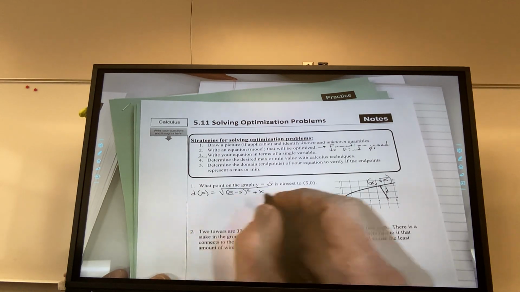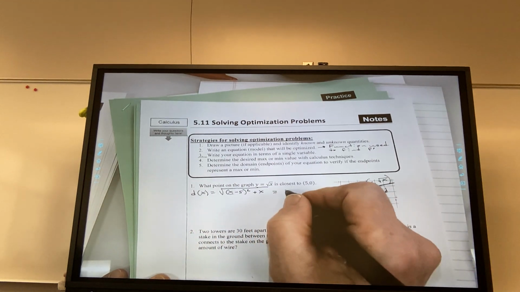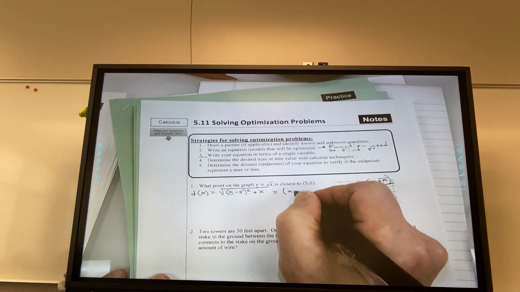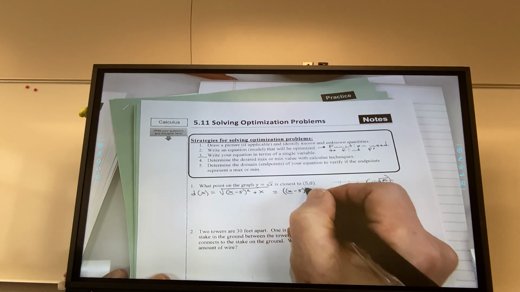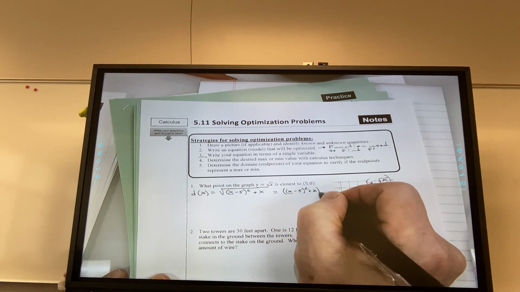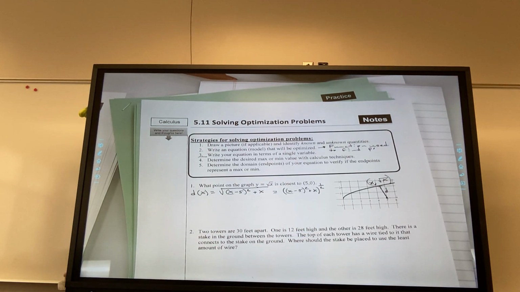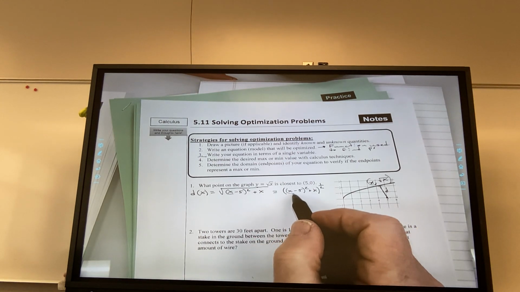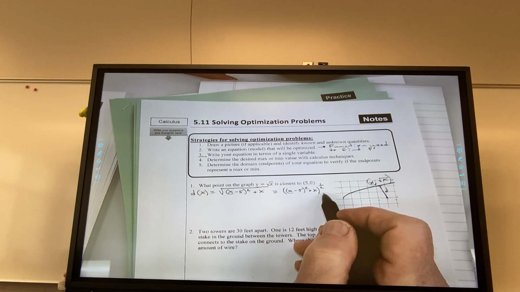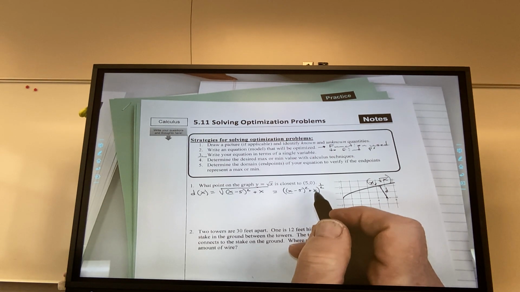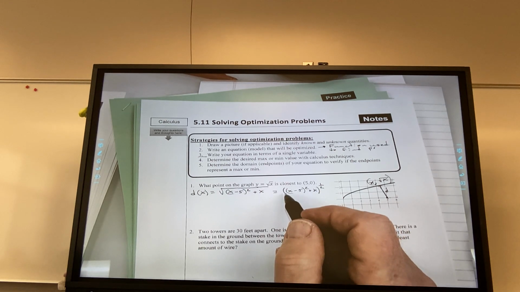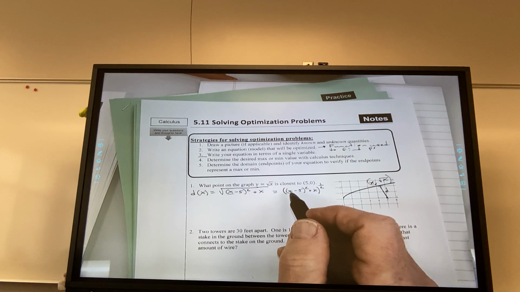So what I'm going to do is first rewrite this, and the reason I'm going to rewrite it is that I'm going to take the derivative of it. You could, if you wanted to, expand what's in here and take the derivative of it, or you can take the derivative and use the chain rule.